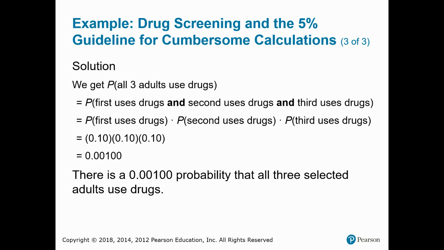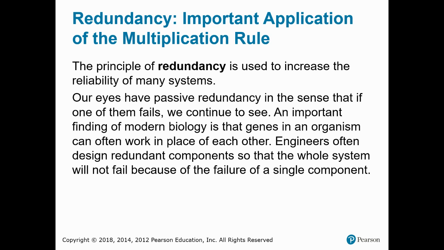So that's the 5% cumbersome calculation rule. All right, redundancy, important. When we're dealing with the multiplication rule with redundancy, redundancy is used to increase the reliability of the system. Our eyes have passive redundancy in the sense that if one of them fails, we will still be able to see.